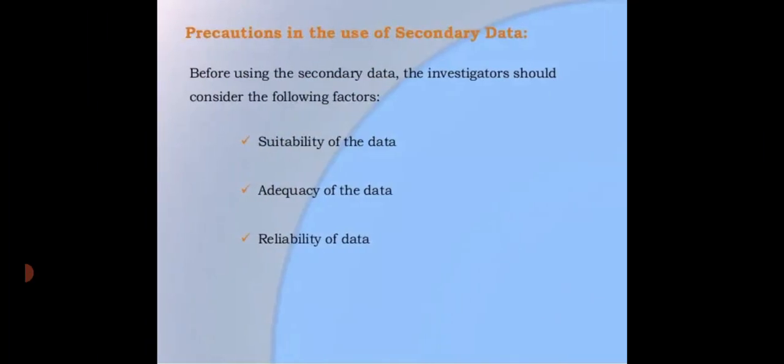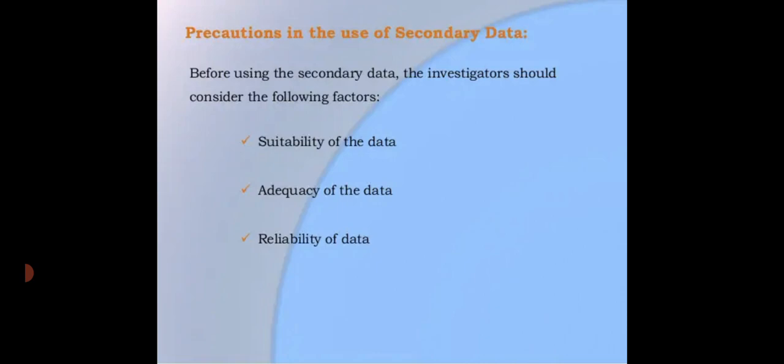What are the precautions in the use of secondary data? The first one is suitability of the data, the second is adequacy, and the third is reliability. We know that secondary data are collected by others to suit their specific requirements.